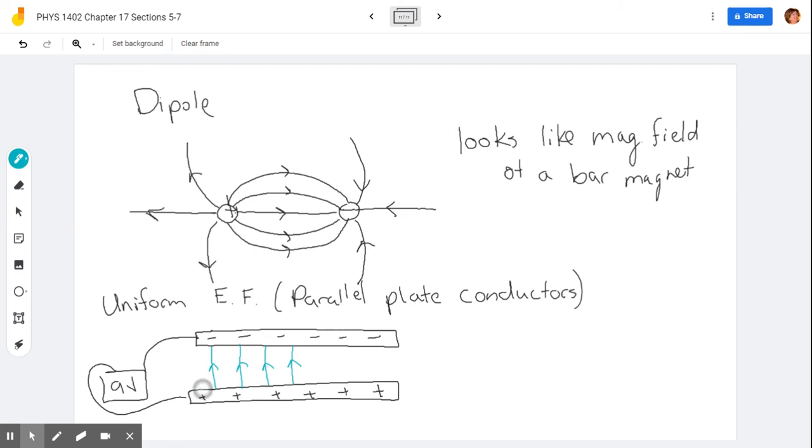At least not until you get over here, and over here, it gets a little wonky on the edges. But if we stay in the middle, we'll get a nice, uniform electric field. Okay, so that concludes sections 5, 6, and 7.